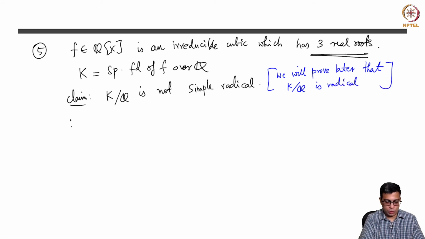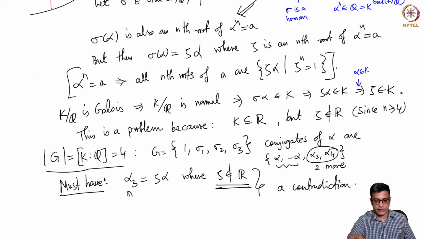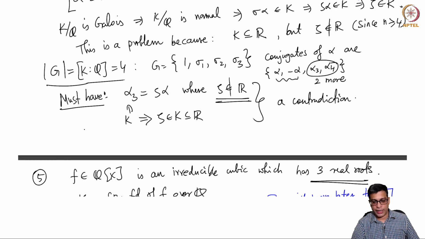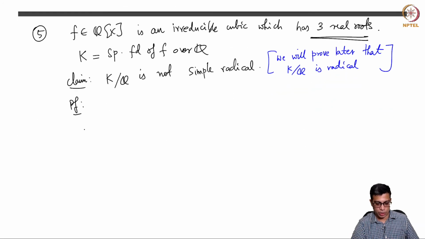I was going to simply say that the proof is exactly similar to this, but let me quickly tell you why it is not simple radical. Maybe in the process this will become more clear to you.